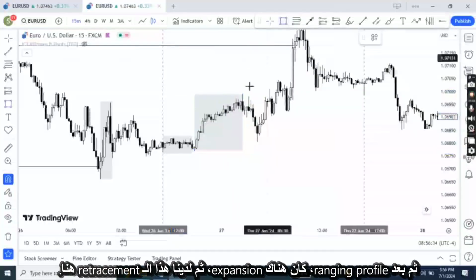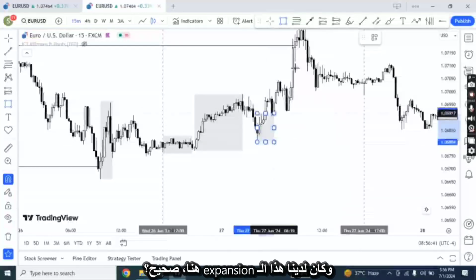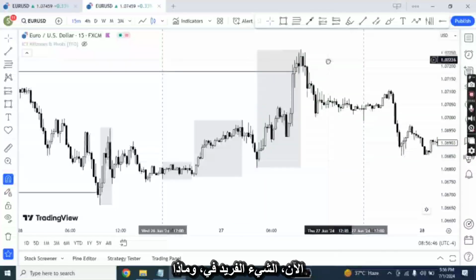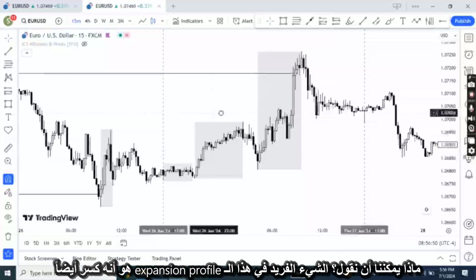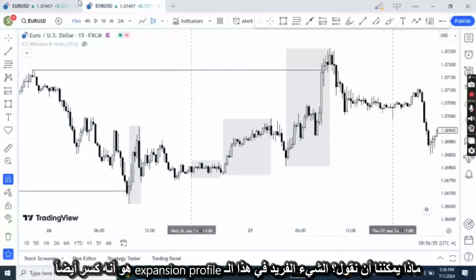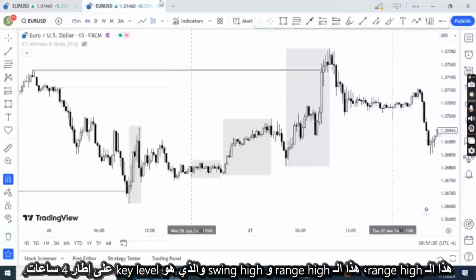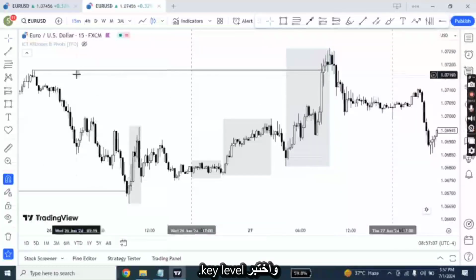Then we have this retracement right here, and after a retracement profile ends, the only possible outcome we can have is an expansion higher, and we had this expansion right here, right? The unique thing about this expansion profile is that it also took out this range high, this range high and swing high, which is our 4-hour key level, and this expansion profile ended inside a key level and tested a key level.